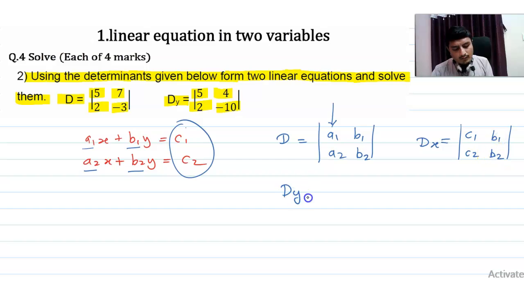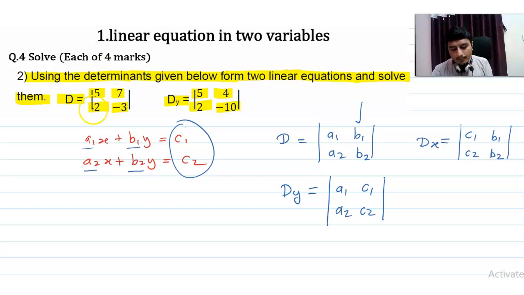While for the value of Dy, we have to replace the coefficients of variable y from D by the constants c1 and c2, while the first column from D, the coefficients of variable x, remains as it is, that are a1 and a2.